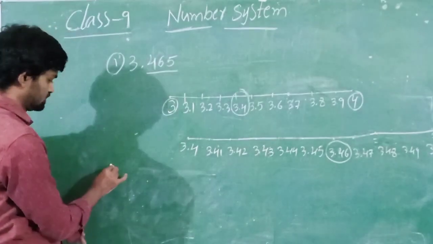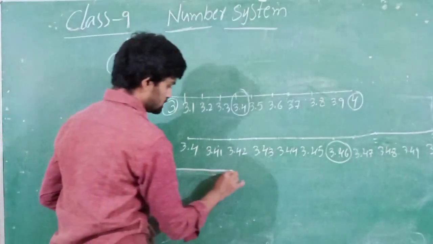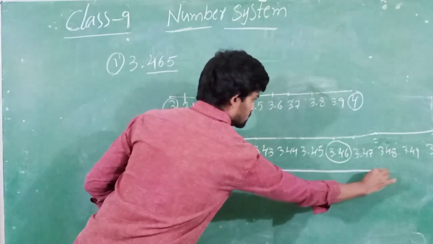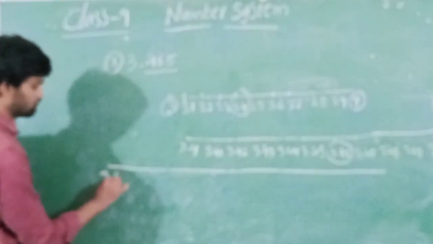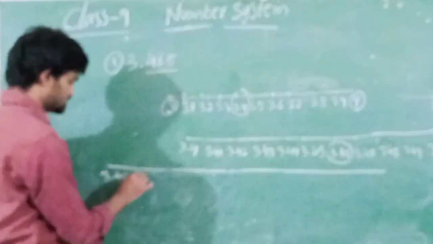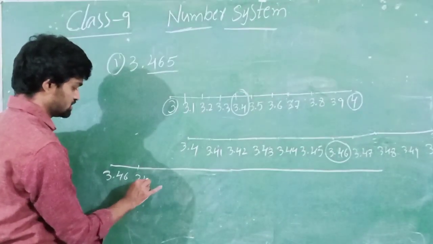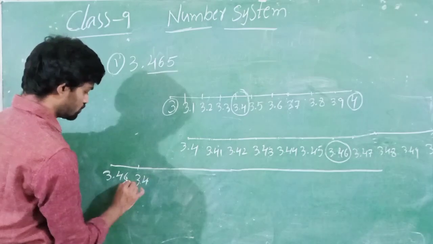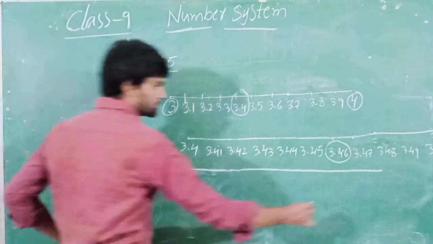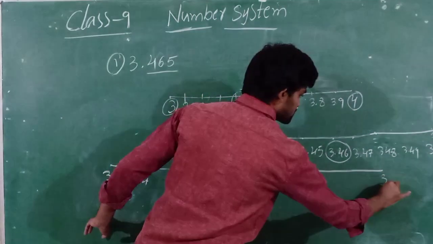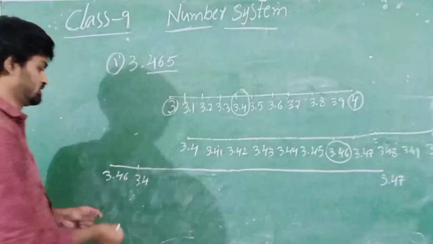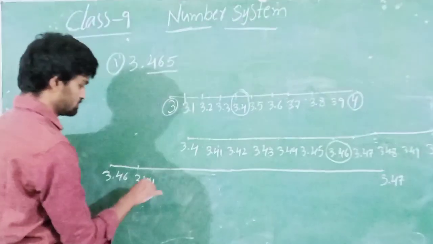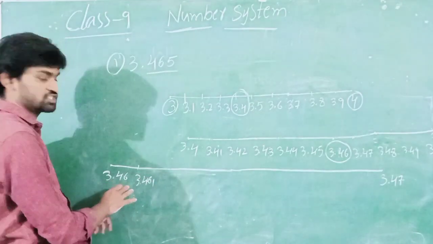Now 3.46 I got. Next, what we will get is 3.47 here. So what comes in between this we have to write 3.461. So it means 3.460 this is.